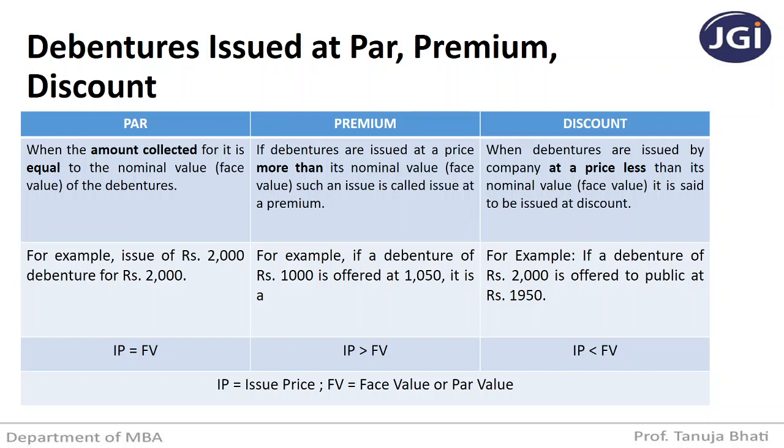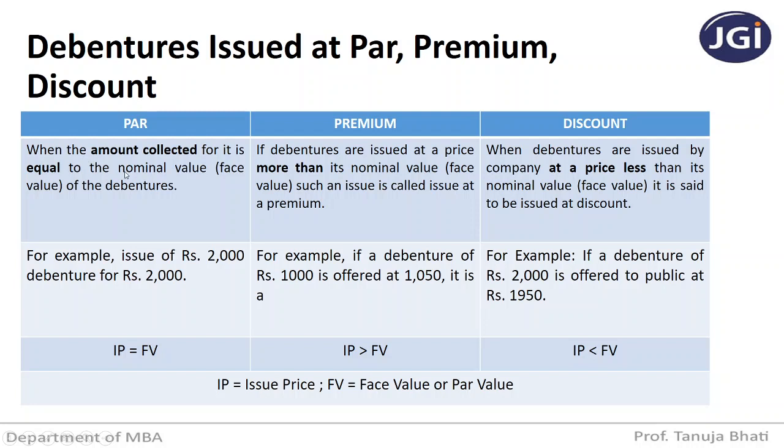Face value is also called the par value or the nominal value, and it is nothing but the value on the face of the security certificate. That is, the value shown on the debenture certificate is the face value, the par value, or the nominal value. So what is the correct worth of that particular debenture? That is nothing but the face value.